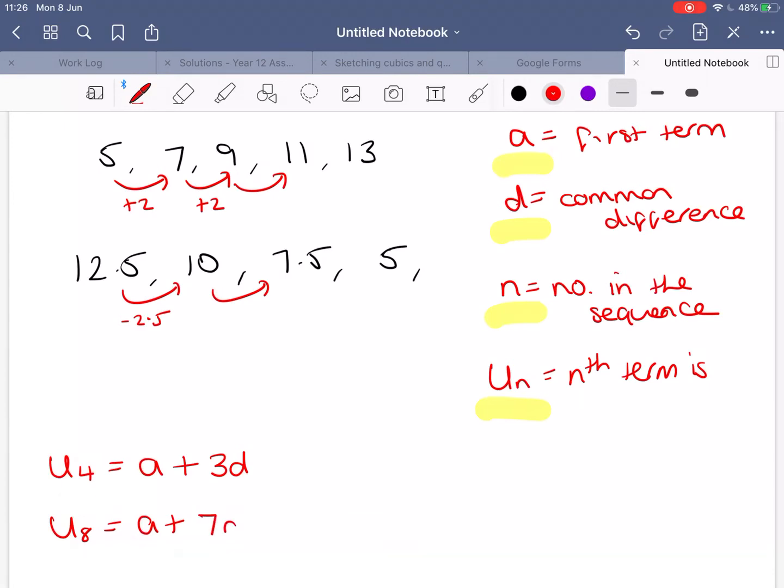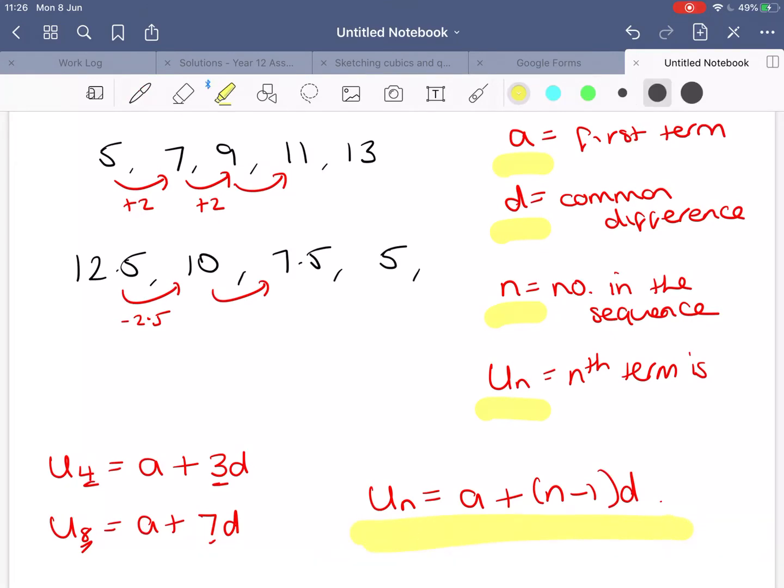I'd need 7 differences. And this is where we get our generic nth term. We say our nth term is a plus, and if we look at the relationship between these numbers, you can quickly see it's n minus 1 differences. And this is the equation that we use.